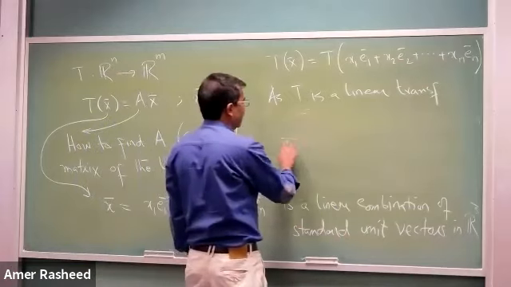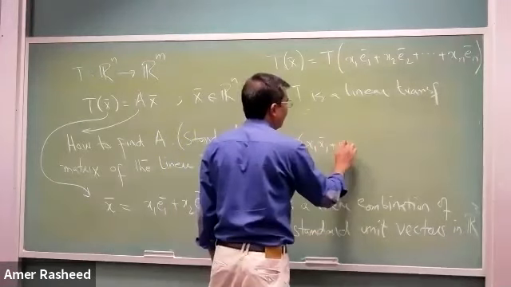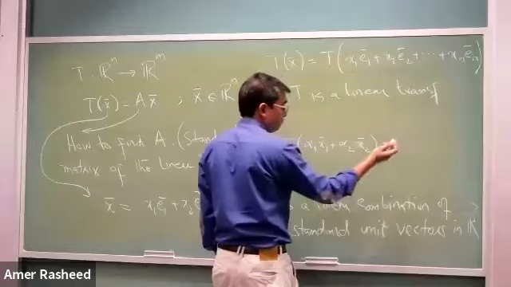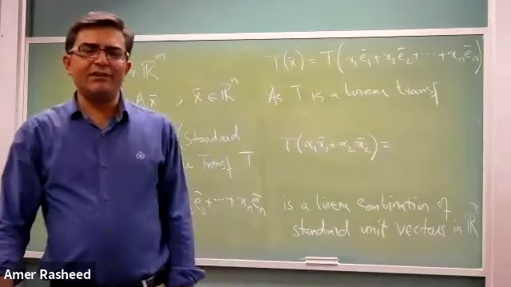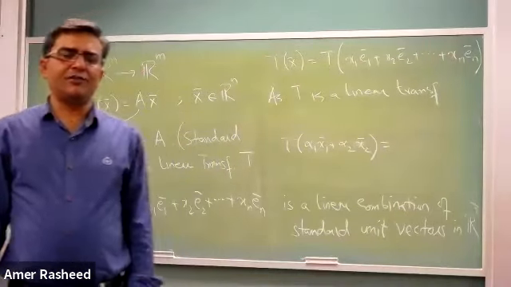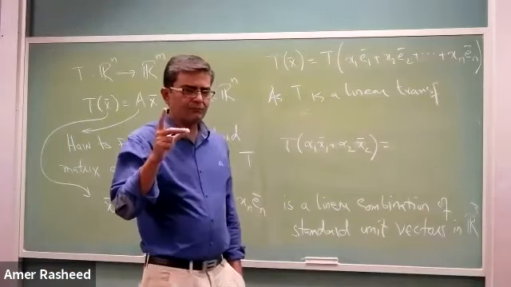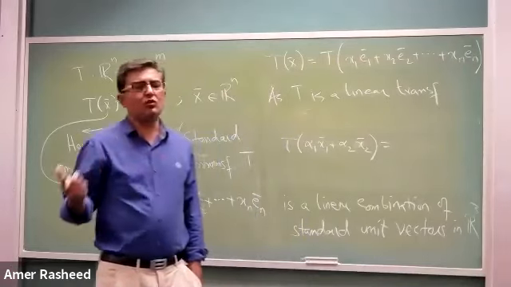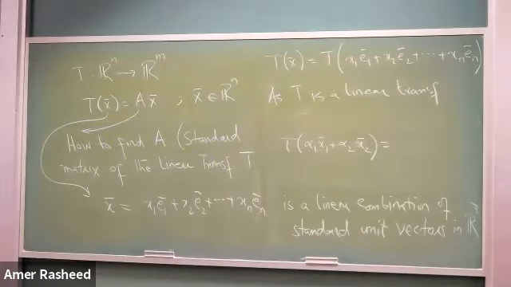What was that? T of alpha 1 x1 plus alpha 2 x2, how can we write it? How do we prove a given transformation to be linear? There are two properties. The first property was T of x1 plus x2 is equal to what? Can you tell me?